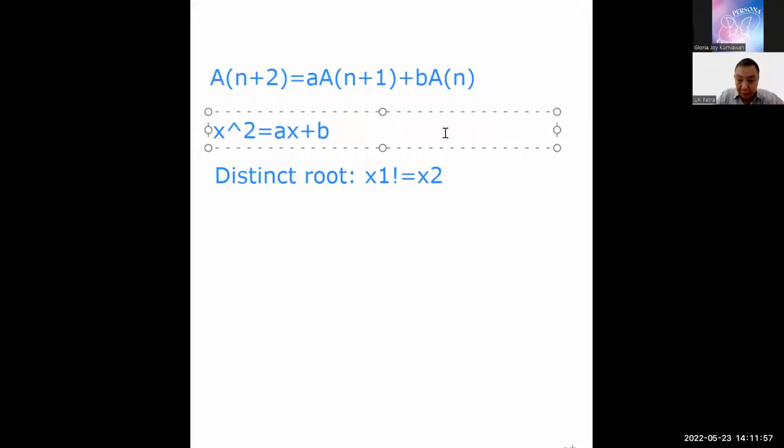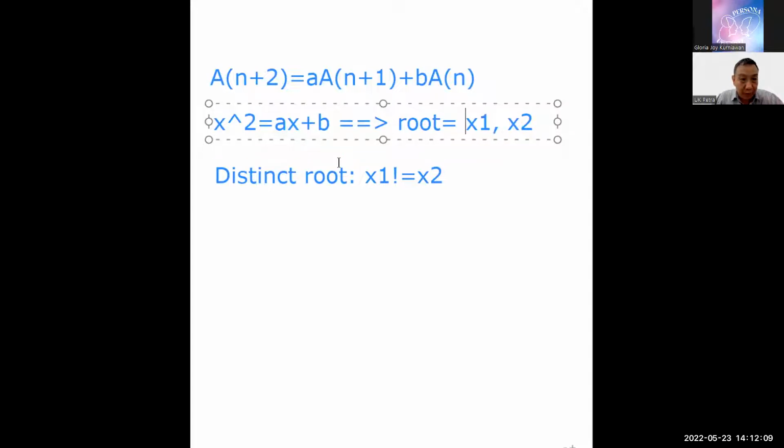So you have x1 and x2 as your roots, right? Root equal to x1 and x2. So if you have distinct root, what is the solution?